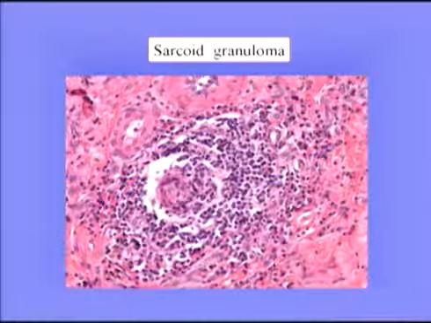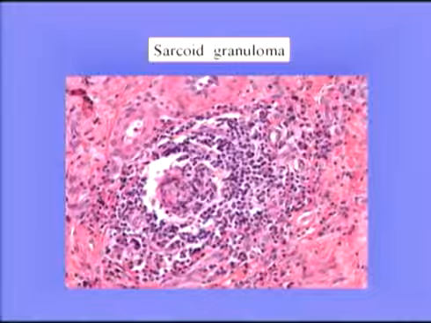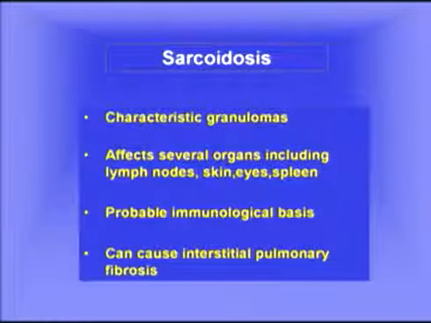The pathological feature of sarcoidosis is a granuloma, shown here. It's a non-caseating granuloma, so it's rather different from that seen in tuberculosis, for example, with big giant cells, and it's a characteristic of the disease.